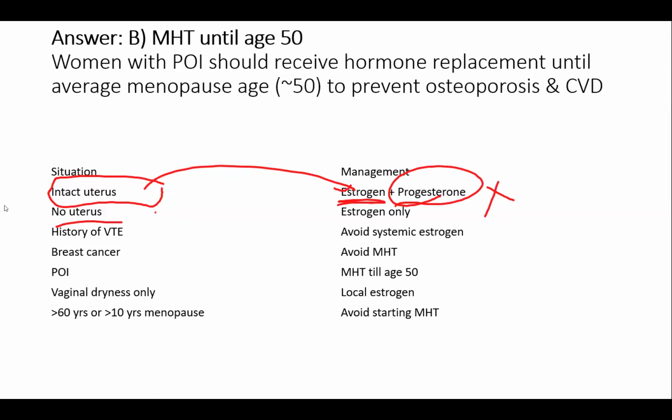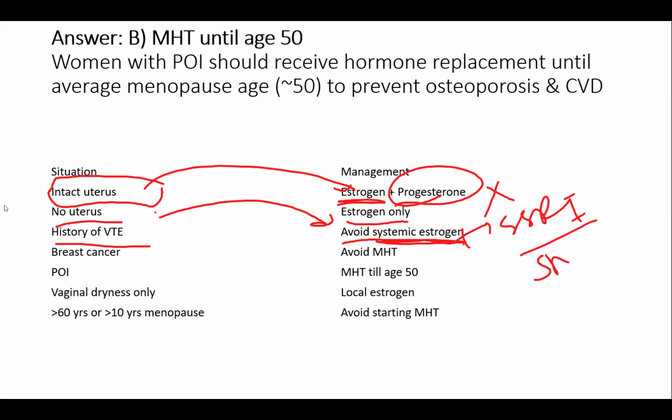If there is no uterus, you give only estrogen because the uterus is not there. If there is any history of VTE, venous thromboembolism, you have to avoid systemic estrogen because estrogen is thromboembolic. It causes thromboembolism. So in those situations, you have to go with SSRIs or SNRIs.